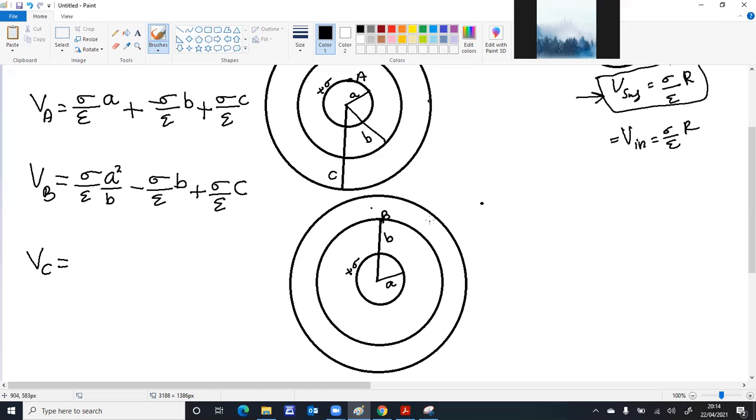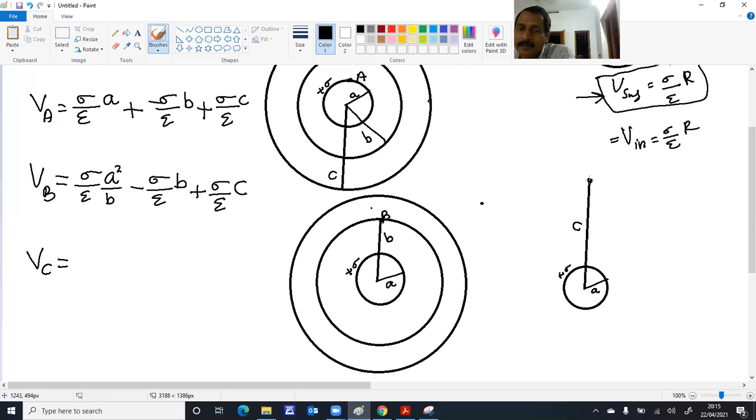Okay. Now, can you try the third one then? Yes, sir. One minute. This is the inner sphere. Yes, sir. A plus sigma, and your point is where? On C, outside. So this is your point.